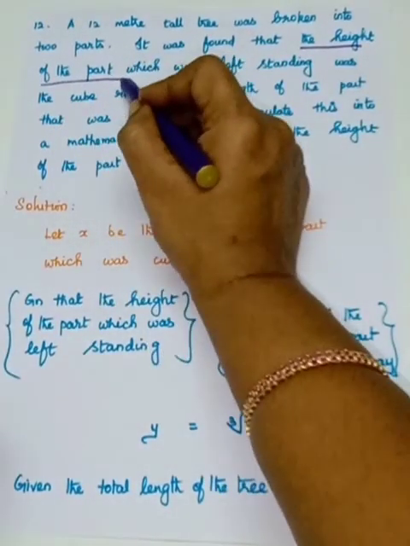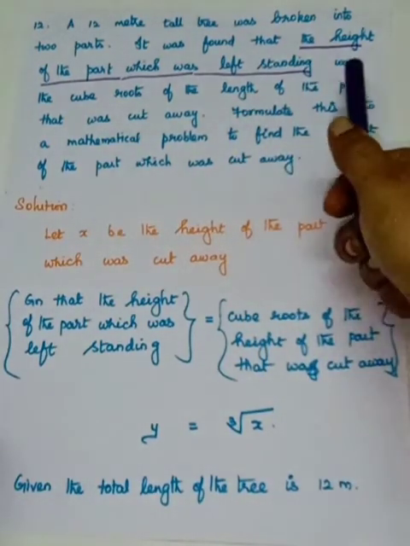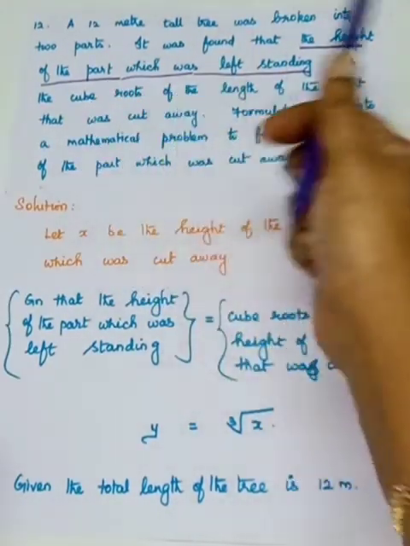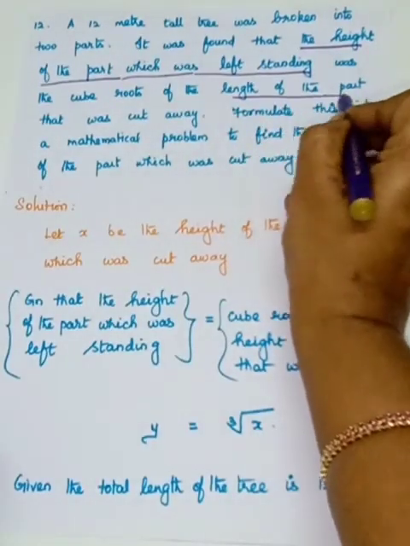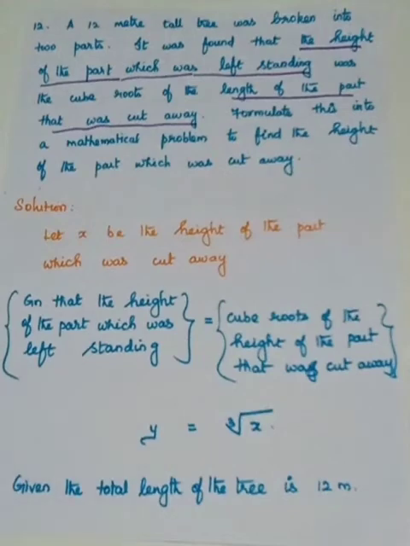The height of the part which was left standing was the cube root of the height of the part that was cut away.